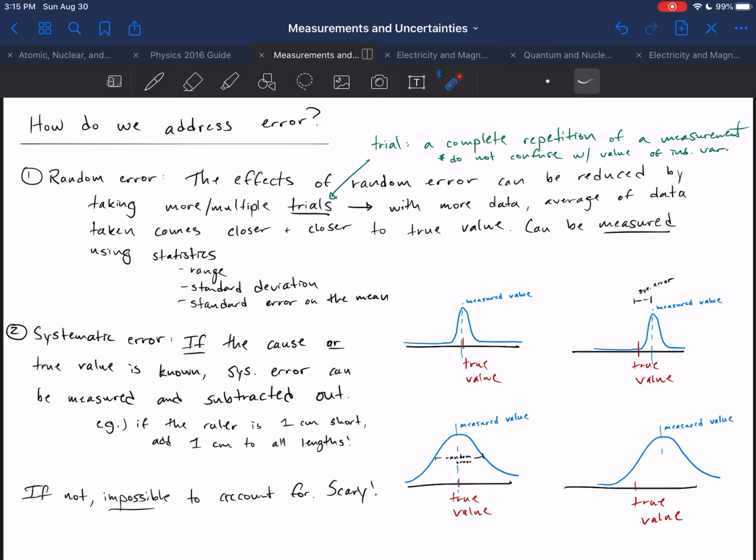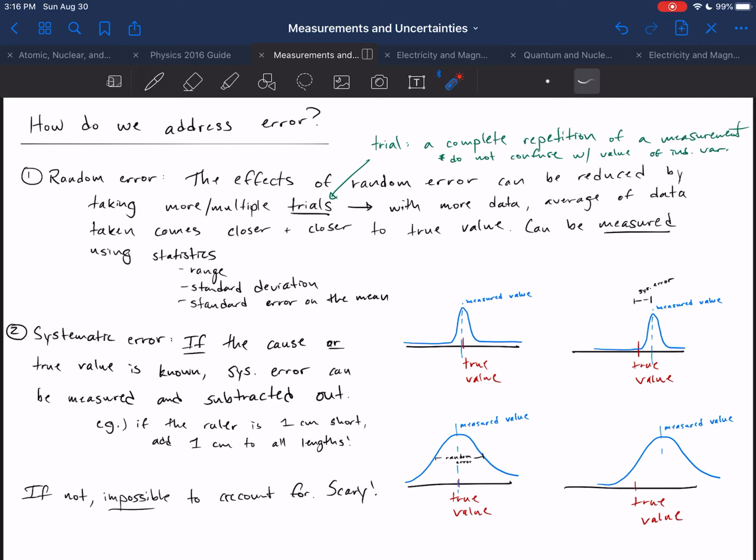So how do we deal with it as scientists? And it's pretty straightforward here. Random error is relatively straightforward to deal with as long as you account for it. The effects of random error can be reduced by taking more or multiple trials. So instead of taking a single measurement or even a couple measurements, you take more.